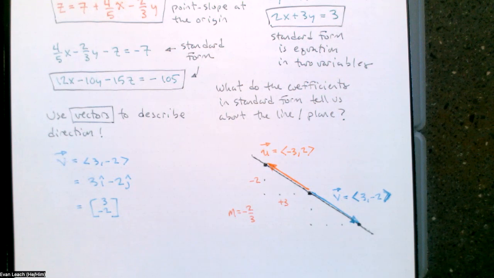They're both -2/3, so I'm describing the same line, just with different vectors going in opposite directions.